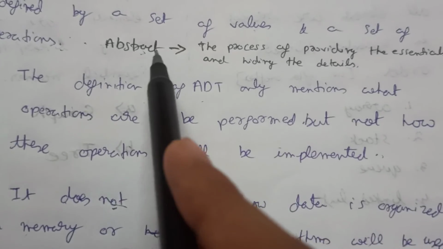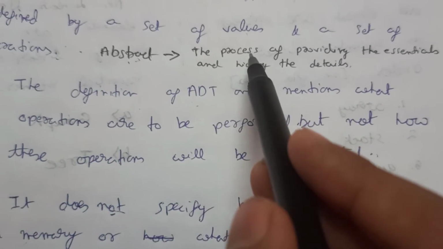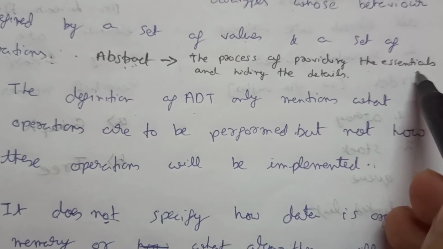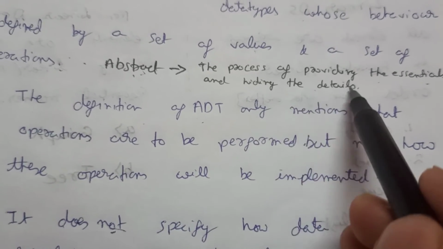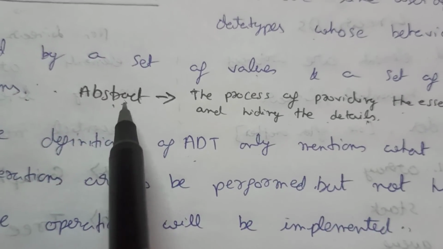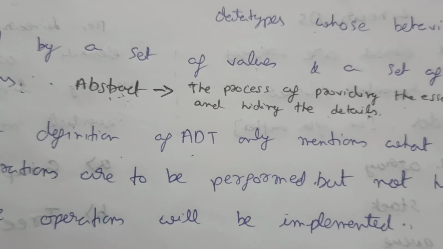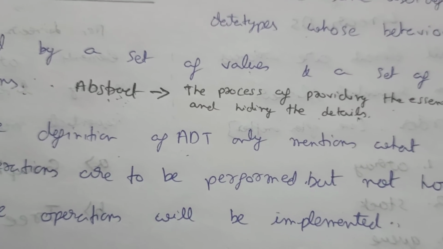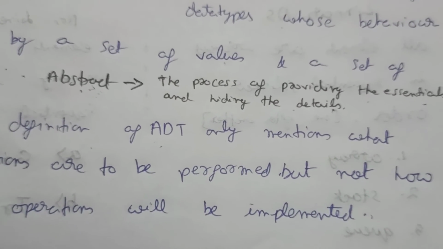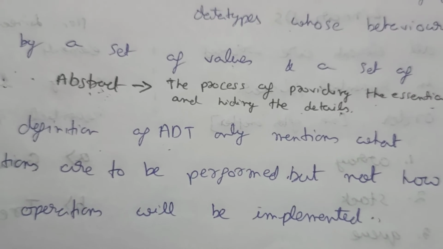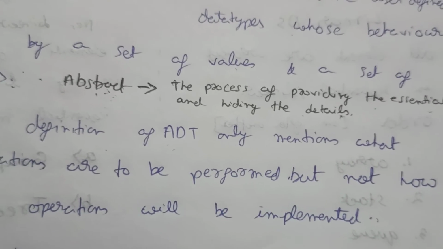Okay, so let's check. Abstract means the process of providing the essentials and hiding the details. This will also come again in your OOPS lectures later in your semesters. Whenever you learn OOPS, you will be learning about abstraction.